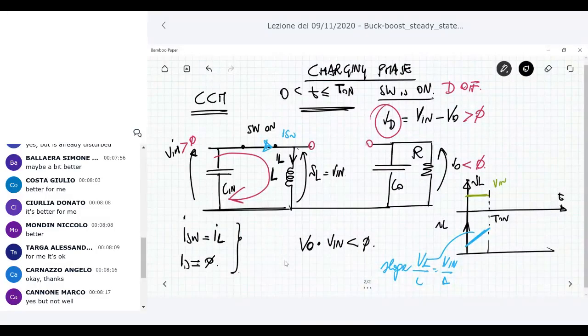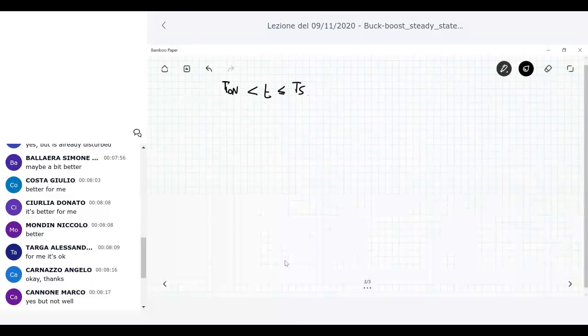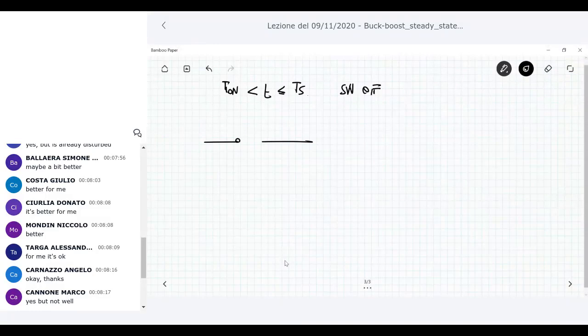So what happens in the successive time interval, from T on to Ts, which is the switching period of our waveform? In that case, the switch is commanded to be off. In our approximation, the switch off is an ideal open circuit.